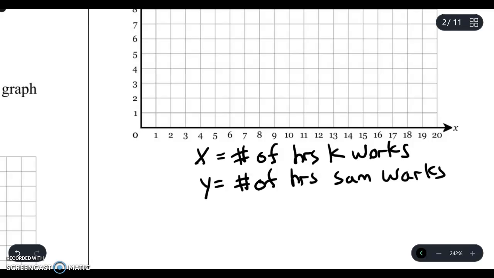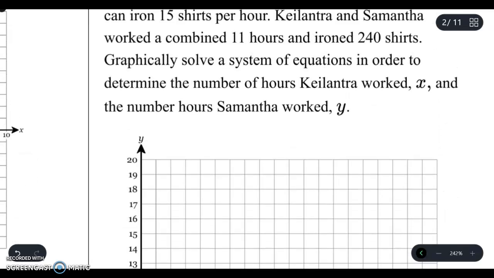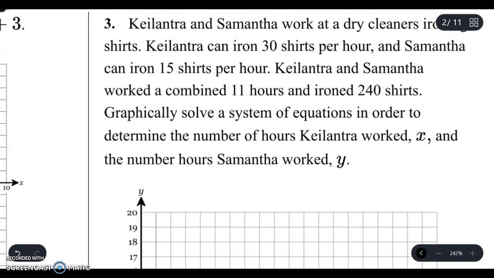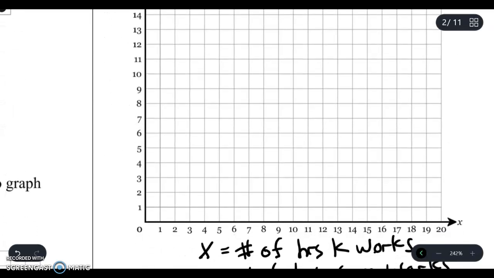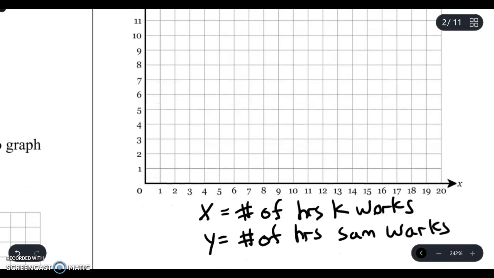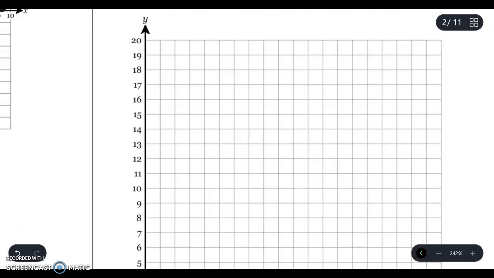Before, when we were doing problems like this, we would say different letters represented some of the stuff in the problem. It's important that we use X and Y, they tell us to use X and Y because we're going to graph, and the graph is going to have an X and a Y. So this X is for Kay, and this Y represents Sam.